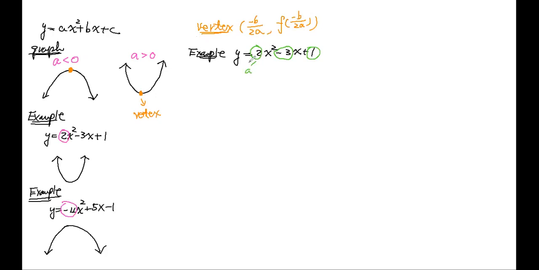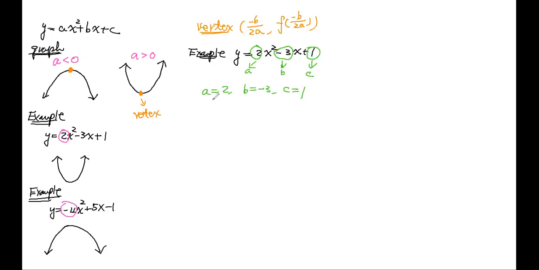This is A, this is B, and this is C. So I know A is equal to 2, B is equal to negative 3, and C is equal to 1.